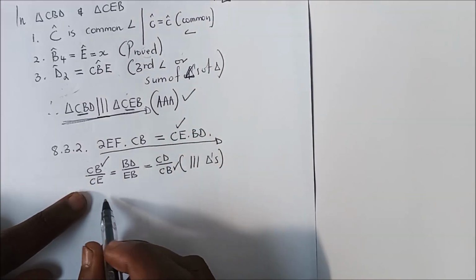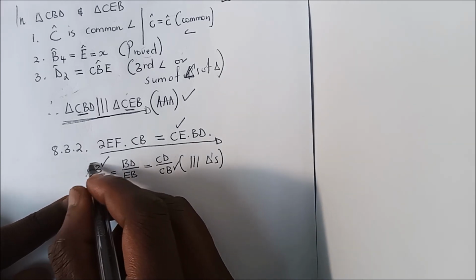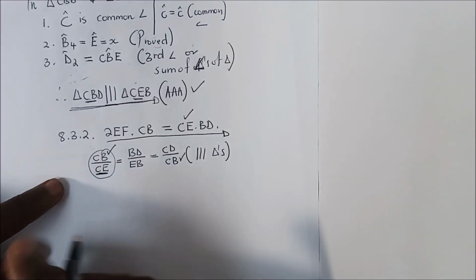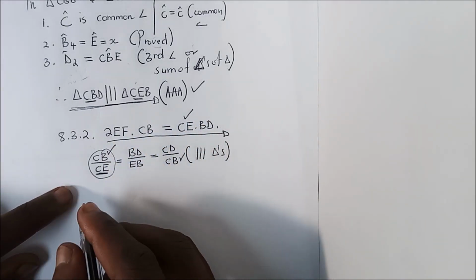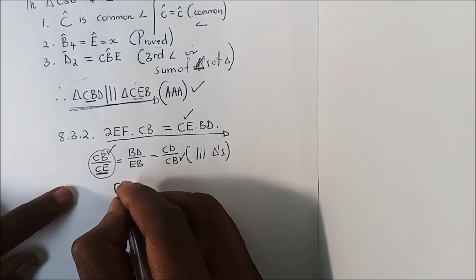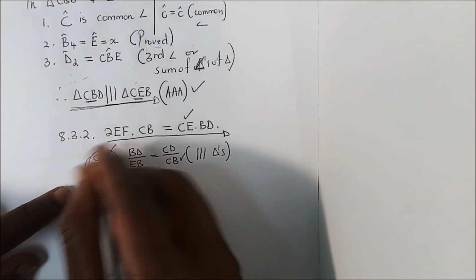Here is CE. So do you have CE here? Yes, here is CE. So that means this one, you're going to take it. There's no chance because it contains two lengths that are there in what is required to prove. So we will have CB over CE. So that means we take in that one. We don't have a chance.